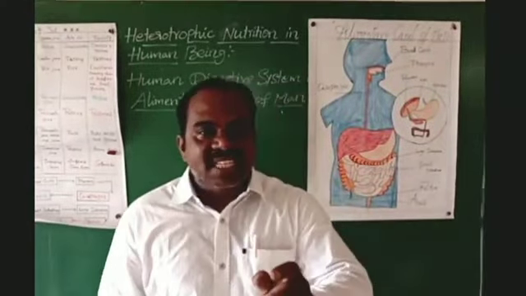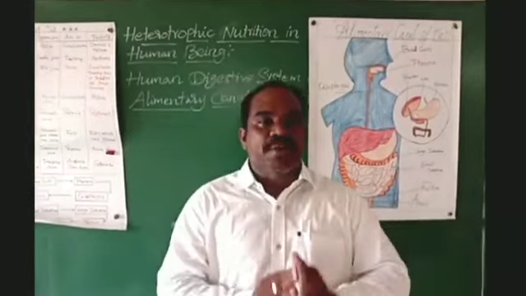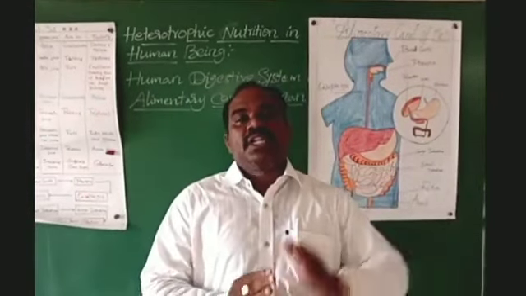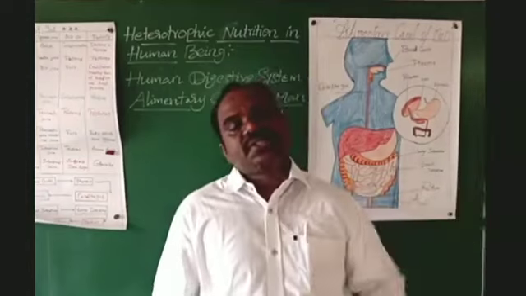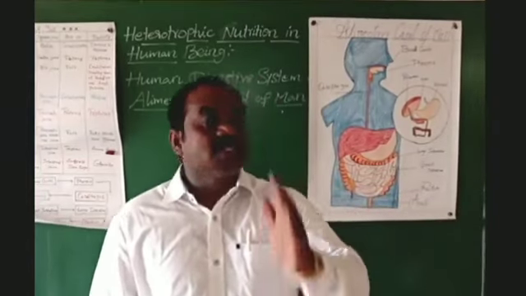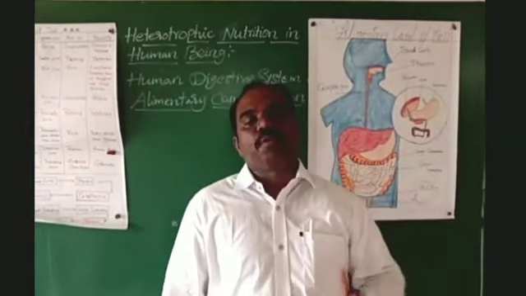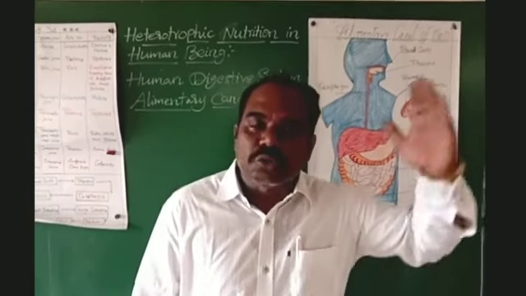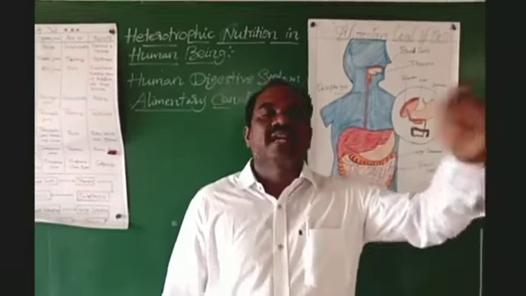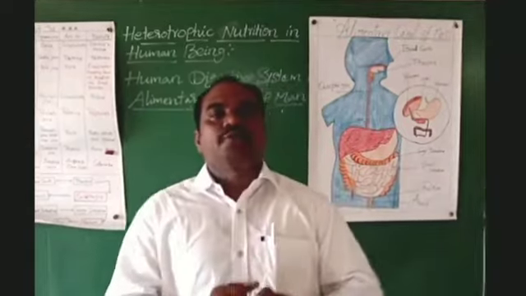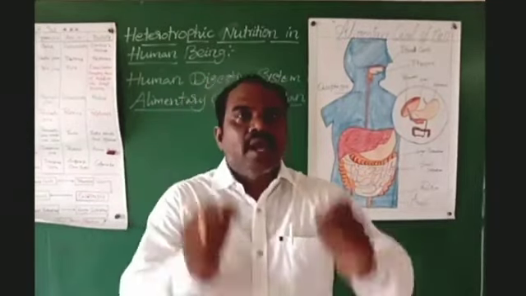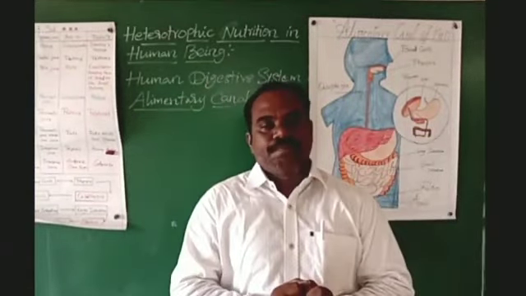Organisms which cannot prepare their own food depend on others like plants and animals. This type of nutrition is called heterotrophic nutrition.